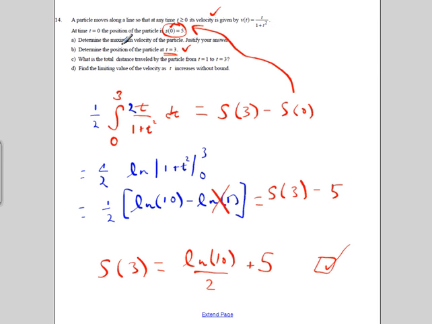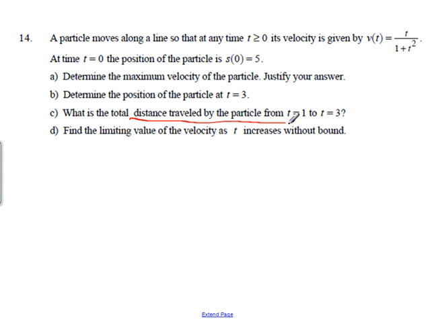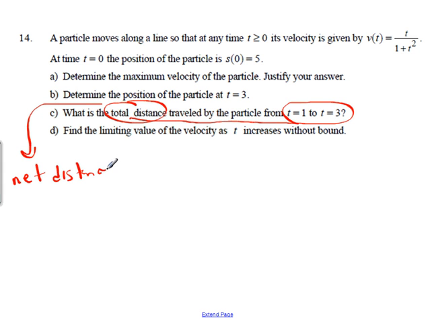Now, let's do C and D. So it says, for C, what's the total distance traveled by the particle from t equals 1 to t equals 3? Well, total distance here is going to be the same as the net distance. And why they're the same is that my velocity can never be less than 0.